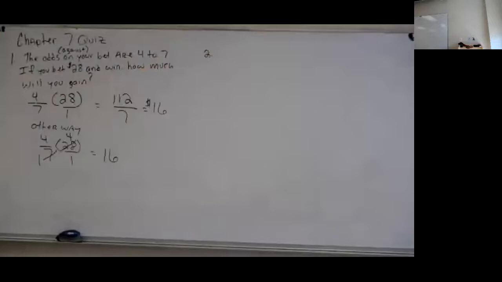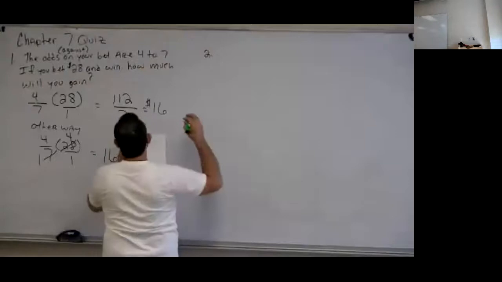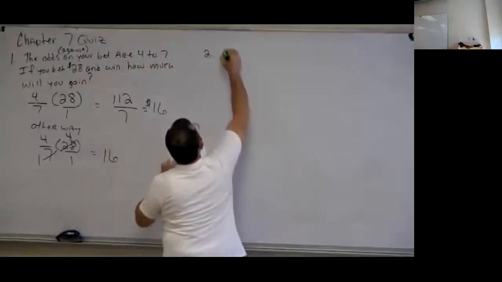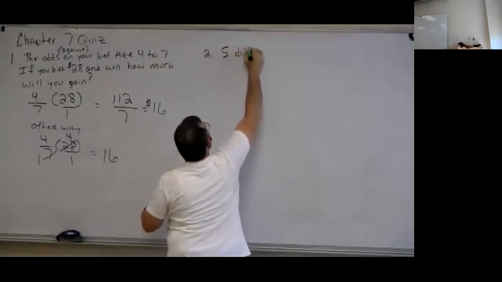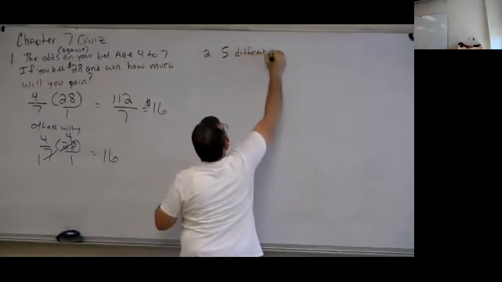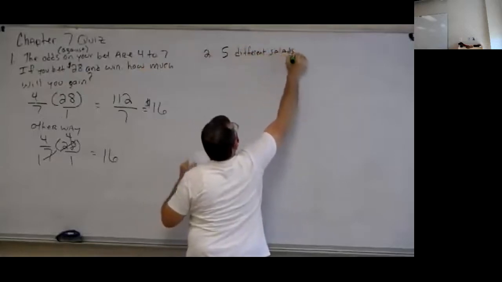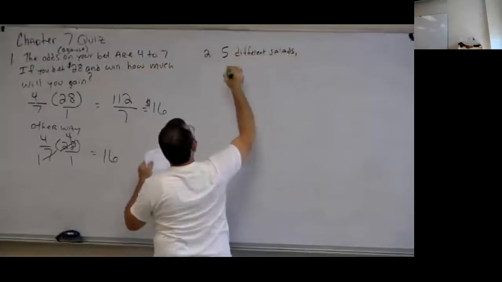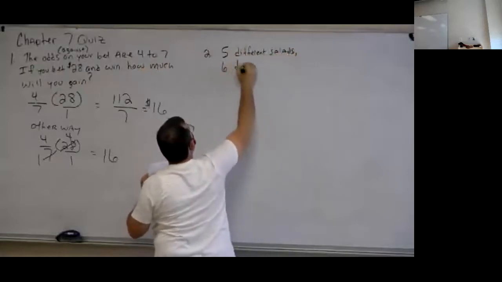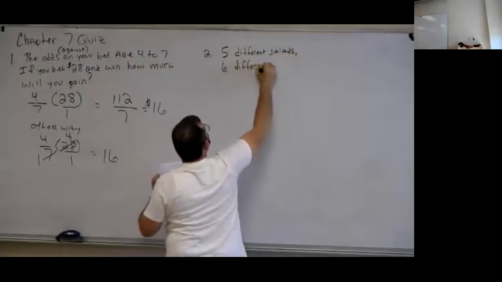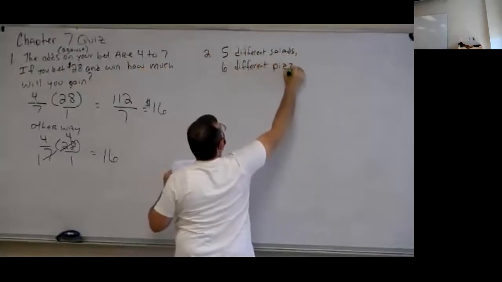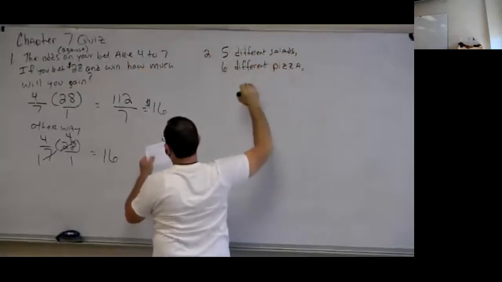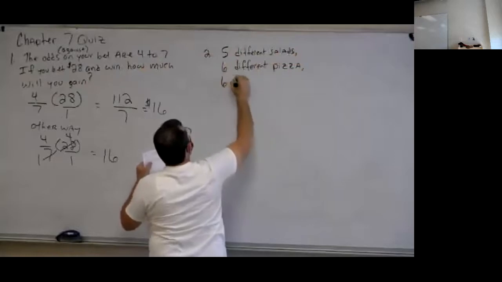Let's see how many different meals we can get from Pizza House. So Pizza House offers 5 different salads, 6 kinds of pizza, and 6 different desserts.